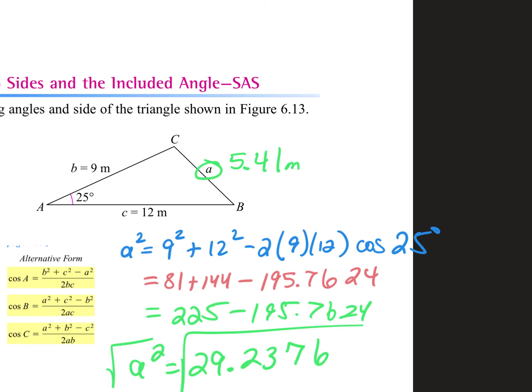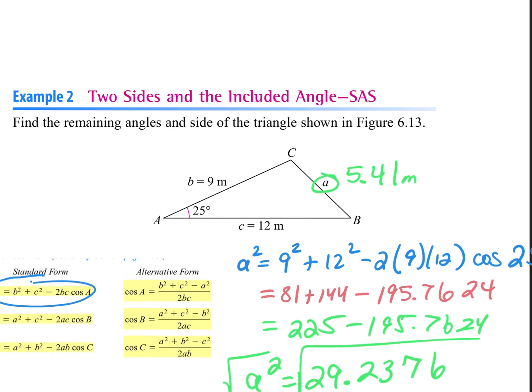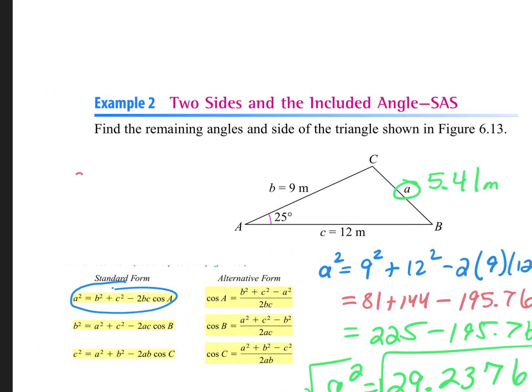Make sure you have your units. See how I put meters with it. Now we can do what, Camilo? The law of sines, because I have an angle and its corresponding side. So I can now say, all right, sine of 25 over 5.41 equals what over what? What do you guys want to find? B, okay. Sine of B over 9.